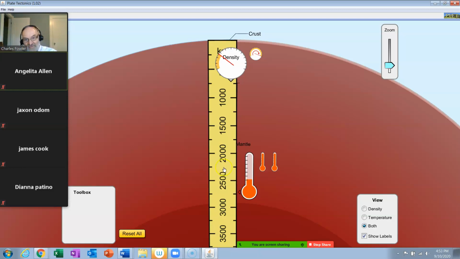Let's call that 2,500. This will be 2,750. So let's call that 2,700 kilometers. It's still lower mantle. See, lower mantle is still right there. My ruler's on top, but that's still lower mantle. We're not yet in the outer core.